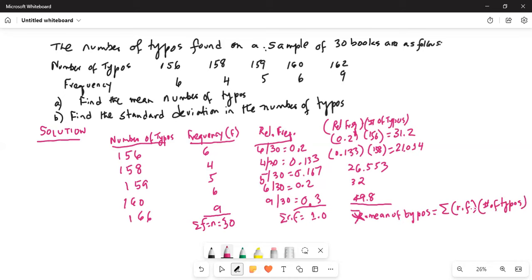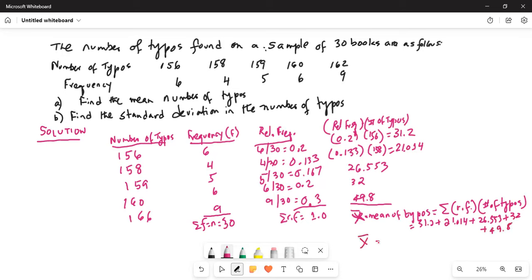So basically, I'll add up the totals to get the mean. So it is equal to 31.2 plus 21.014 plus 26.553 plus 32 plus 49.8.